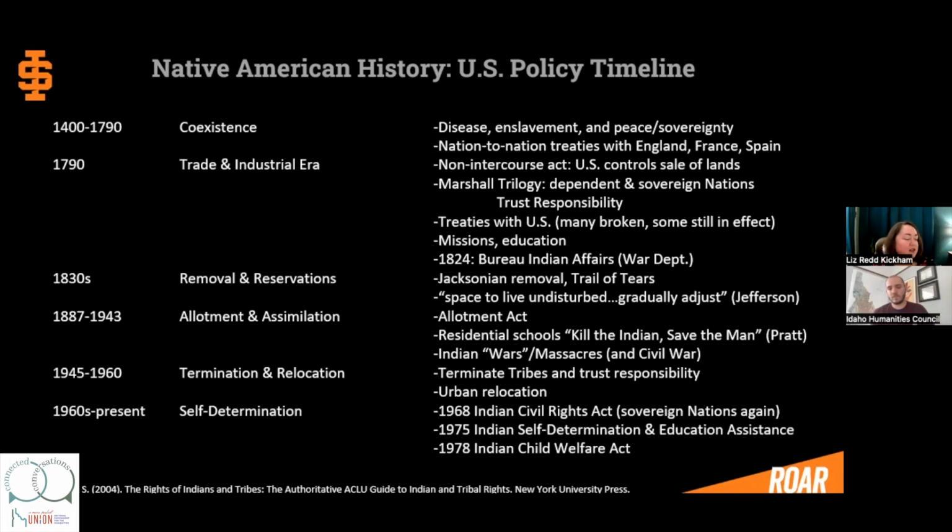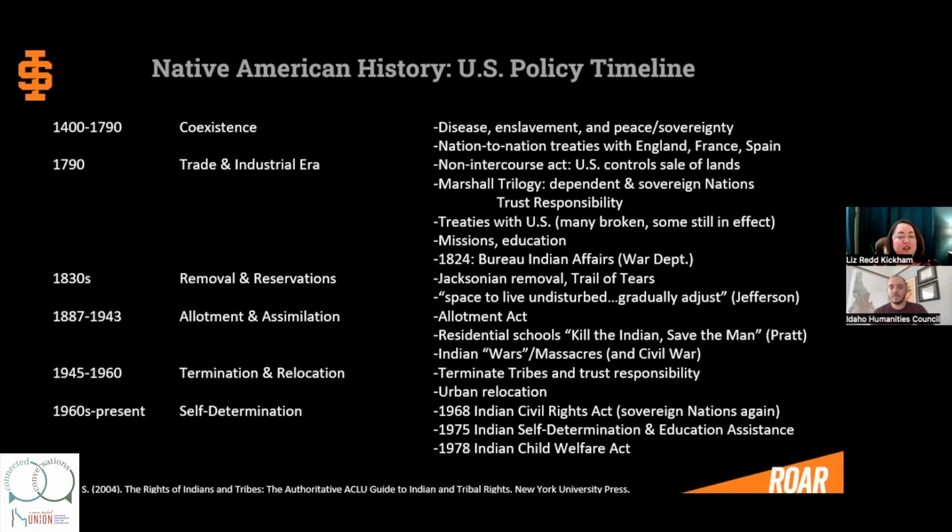And so these Native governments, many of them look very, very similar to the US government structure. But at this point, the US government is acknowledging that Native nations are sovereign nations, although that might be slightly under threat with some of the recent Supreme Court decisions. So these are just general trends in US history.